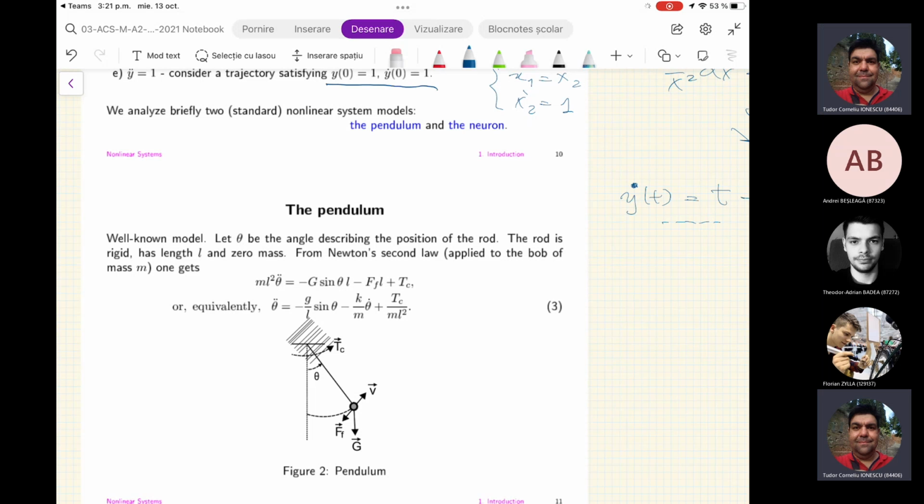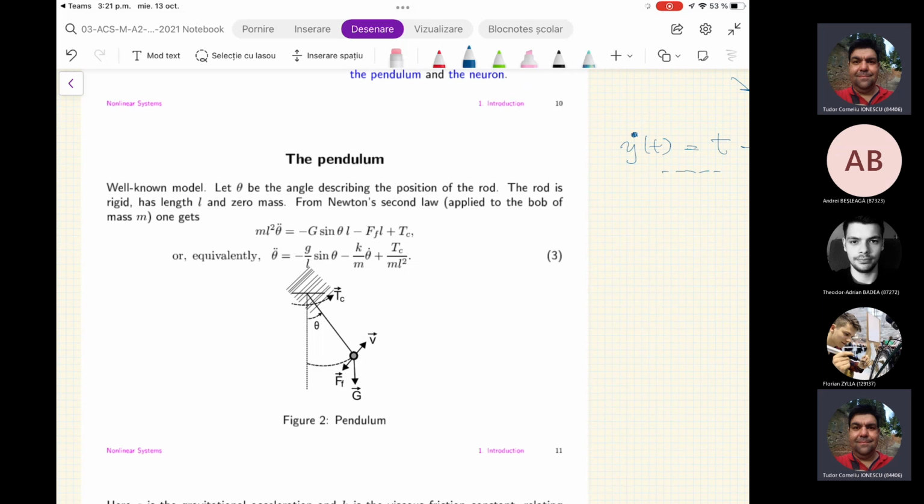So essentially, this is the figure emphasizing the pendulum. So what is a pendulum? It is a rod of length L pinned to a wall or hanging from something, and swinging back and forth.